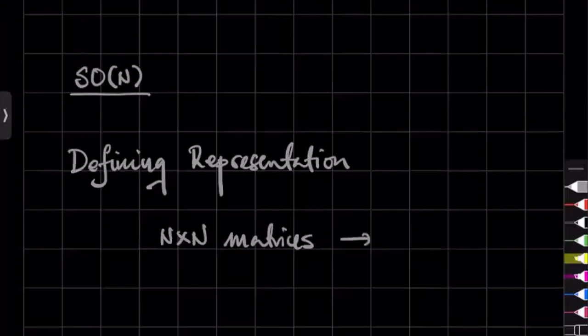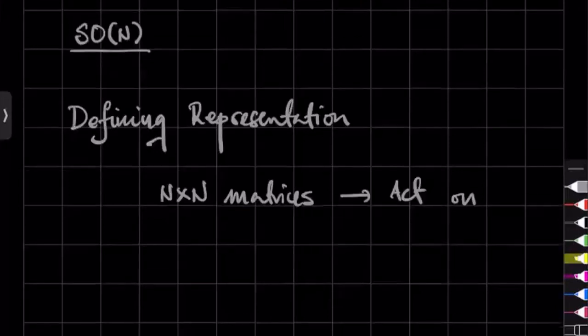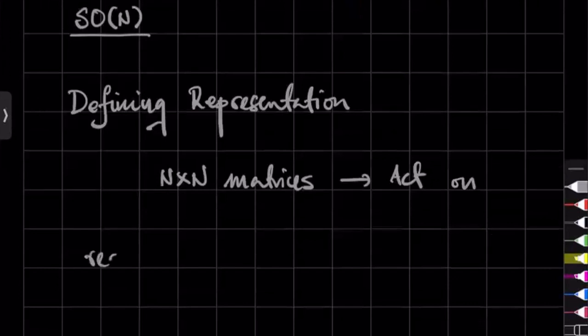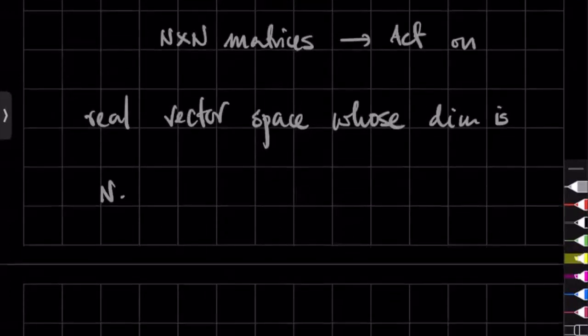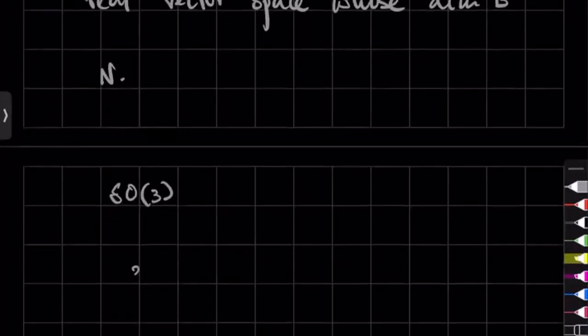And they act on some vector space. So they act on a real vector space whose dimension is n. Okay, so in the case of SO(3), we know that these are 3 by 3 orthogonal matrices.